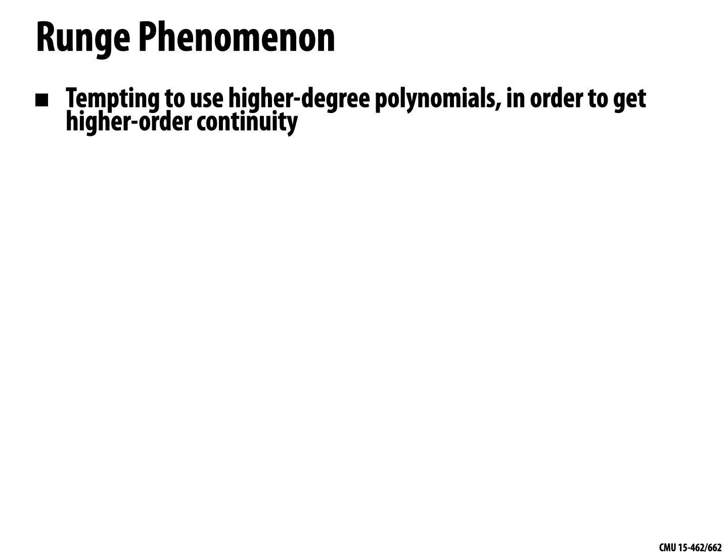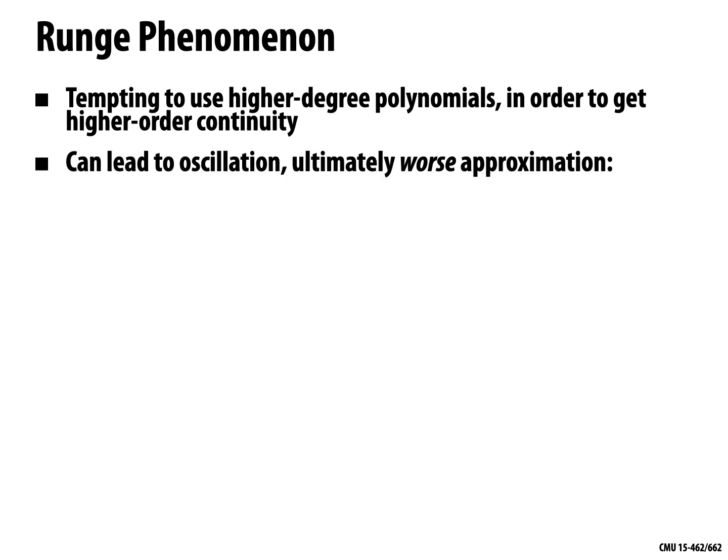Or why don't I use a higher degree polynomial because I get higher degree continuity? My first, second, third, fourth derivatives will all look nice. Well, something that's not obvious when you start doing this is that if you use really high degree polynomials to interpolate data, you can get really, really bad behavior. You can get these wiggles or oscillations.